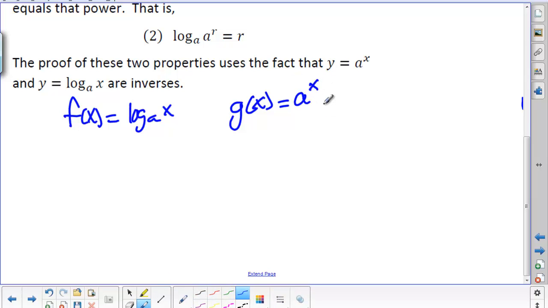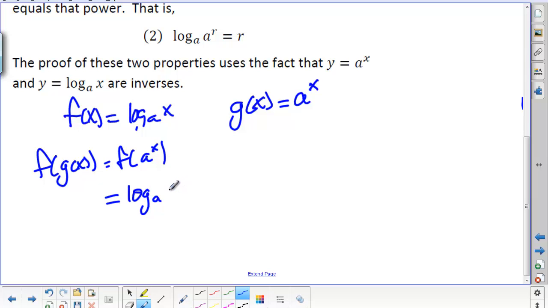So using what we know about inverse functions, if we do the composition f of g of x, then that's f of a to the x, which is log base a of a to the x, which we know, since those are inverse functions, the result has to be x, right?